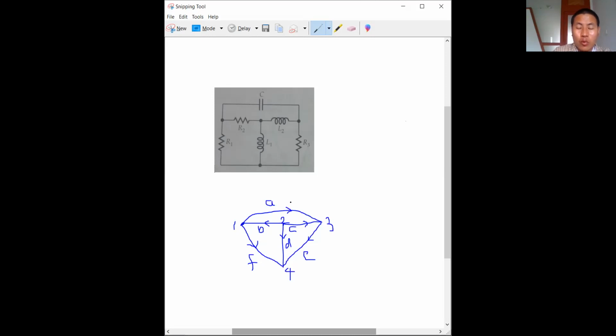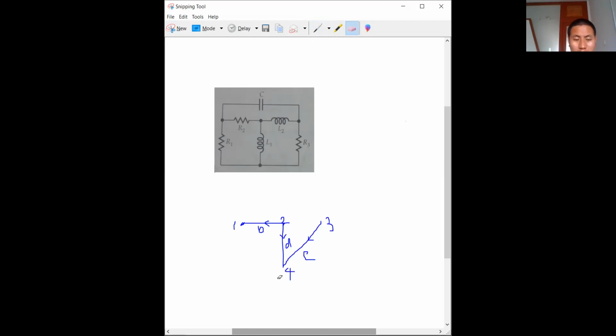And then we have also come across the tree. What is meant by a tree? A tree is the set of branches connecting all the nodes, but remember that there is no closed path. Now this is the graph, right? From this graph, if you want to form the tree, let's erase this one, and this one, and this one too. Now we have node 1, node 2, node 3 and node 4, and they are interconnected.